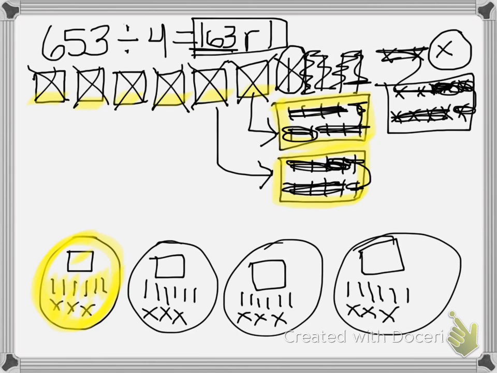So let's go ahead and do the check. I'm going to take my quotient, 163, and multiply it by the divisor. So 163 times 4. And I'm going to do this one by the distributive method.